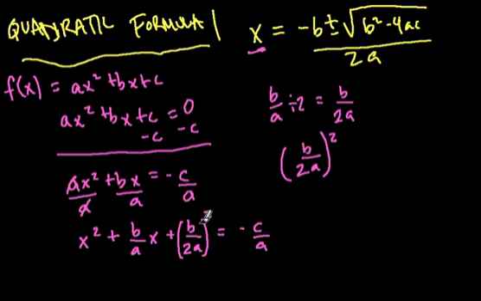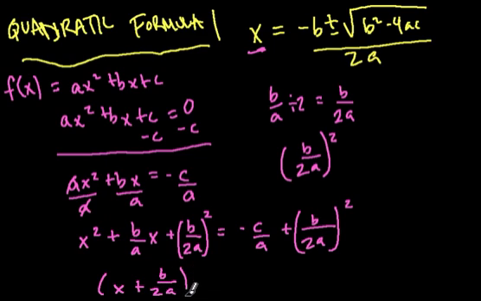And one point that might throw you off when you're completing a square is that if you're adding this to one side, the equation has to stay balanced. So you add this to both sides. So now the equation is still balanced. And now, even though we have this that looks like a mess, we are in a much nicer position, because now we've created this quadratic, which can be factored very nicely into x plus b over 2a, that squared.